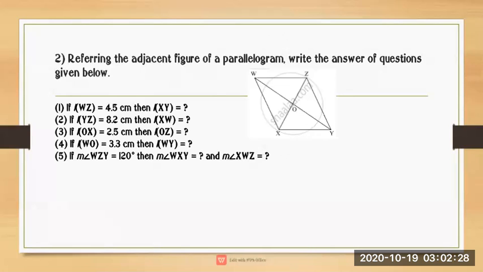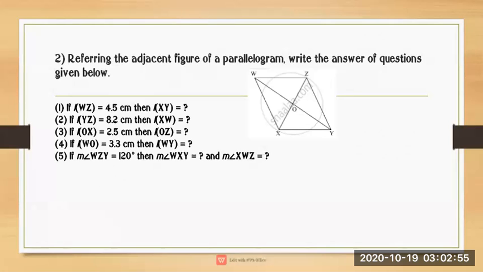Fourth number. If line WO equals 3.3 centimeter, then WY equals dash. WY is equal to, very good, 6.6 centimeter.